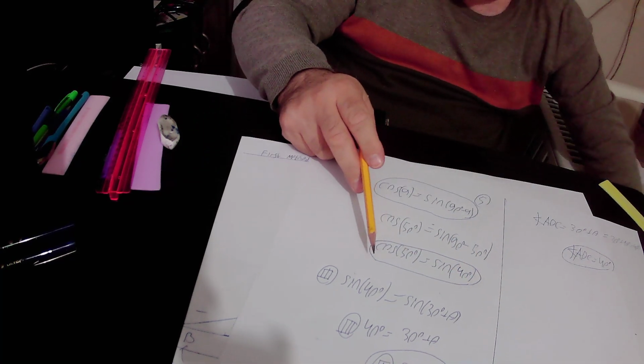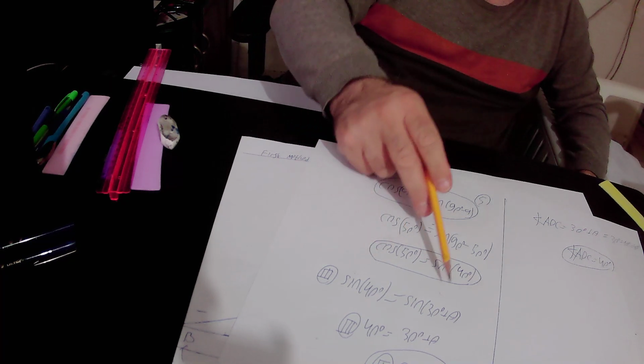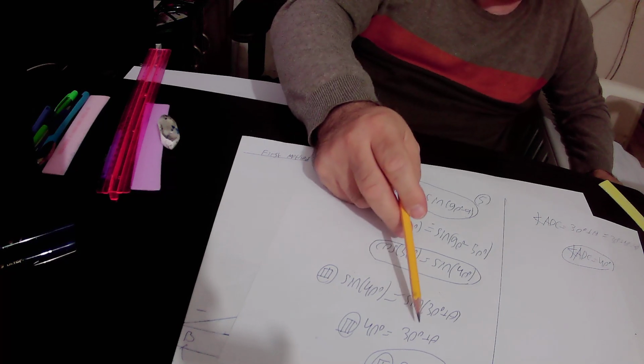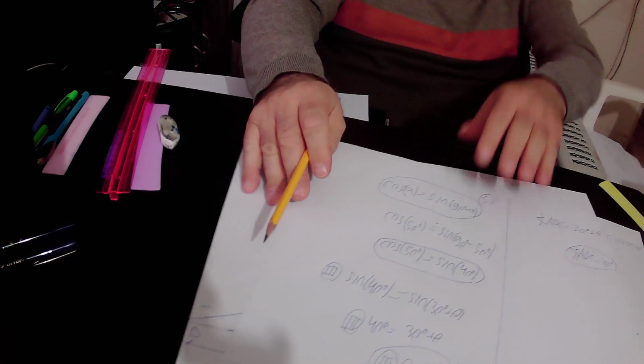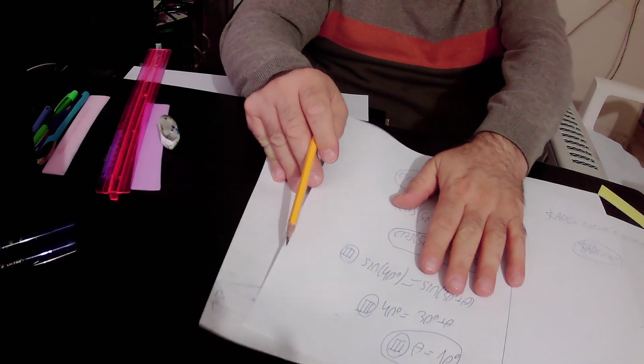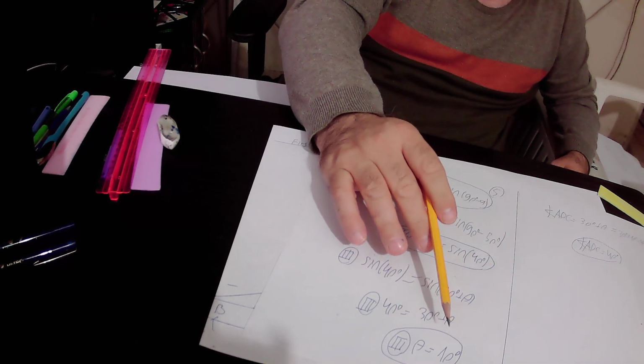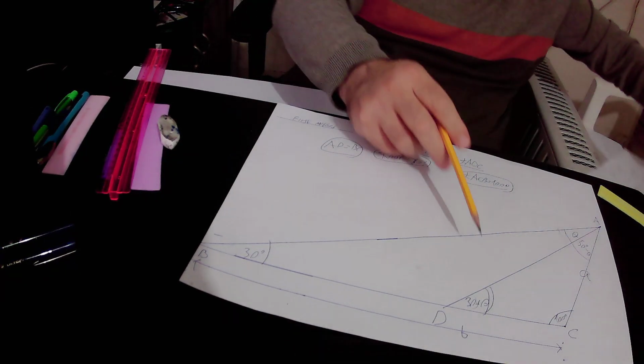So from this equation, sine 40 degrees equals sine 30 degrees plus theta, we will get that 40 degrees equals 30 degrees plus theta. Here we subtracted 30 degrees from this equation and found out that angle theta equals 10 degrees.